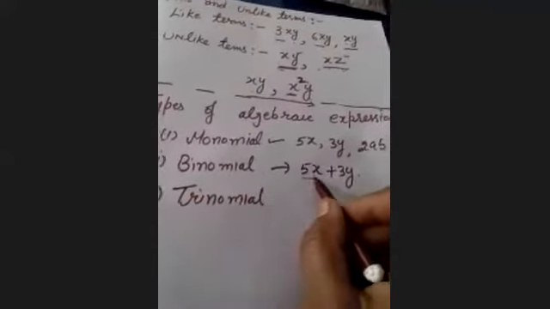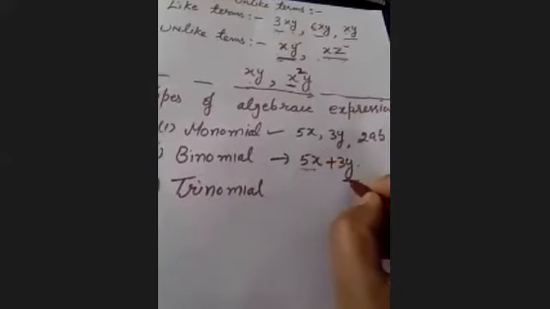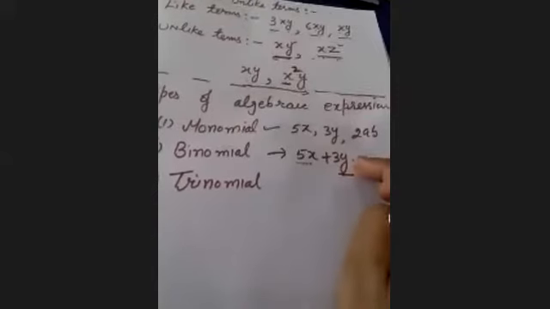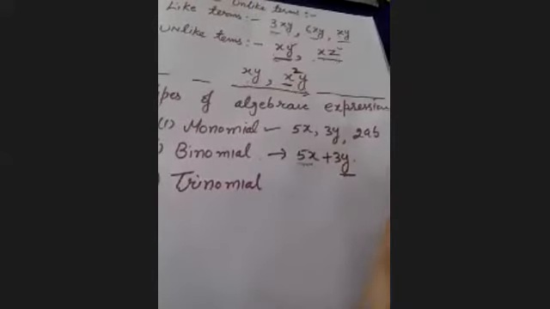First is 5x and the second is 3y. Both are unlike terms. So, these types of expressions are binomials. So, an algebraic expression having two unlike terms is known as a binomial.